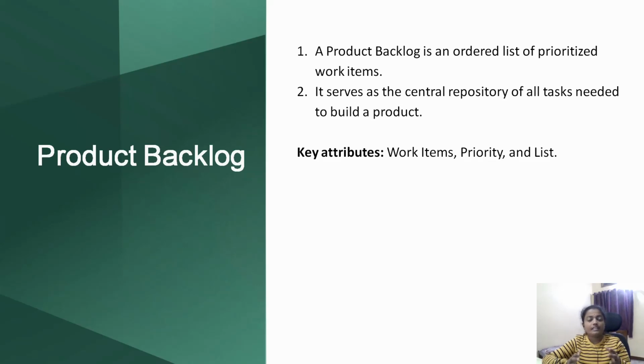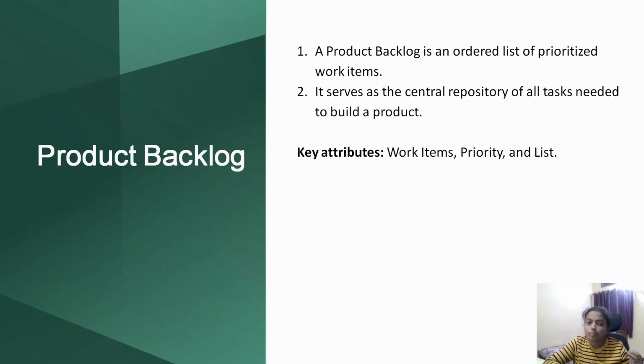So that is the reason it is a central repository of all the work that is required to build a product. A product backlog is going to be available for the life of a project or a product. The time we shut down the product or project, we can also close the product backlog because there is no need of maintaining it, right? So the lifespan of product backlog is equal to the lifespan of the project or the product.